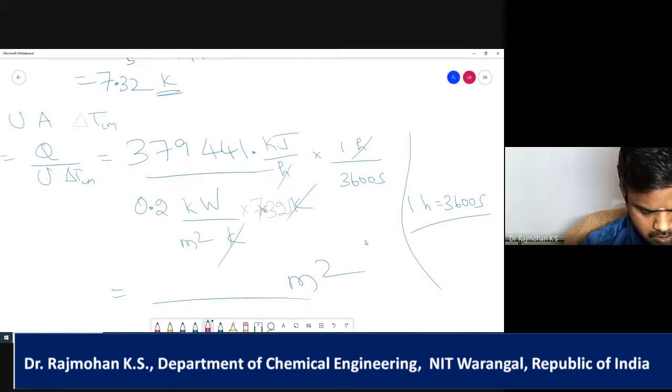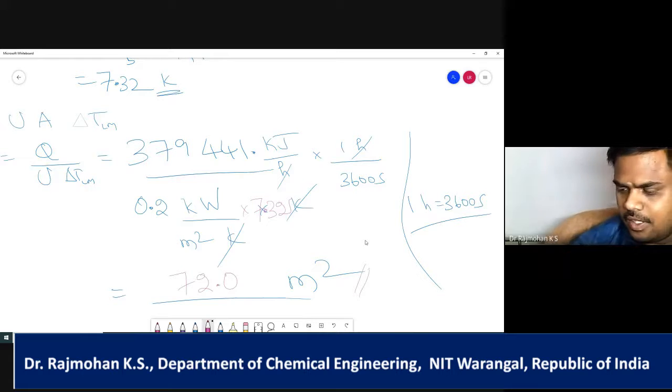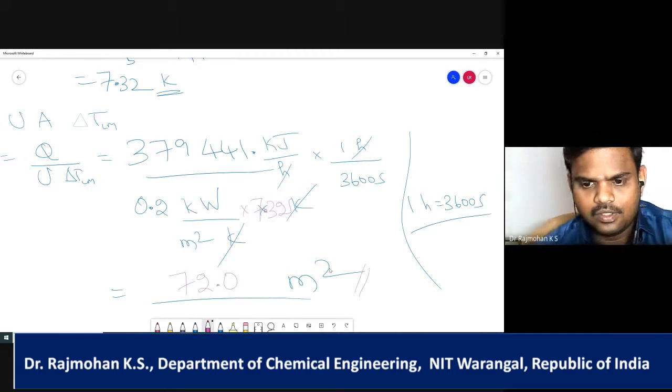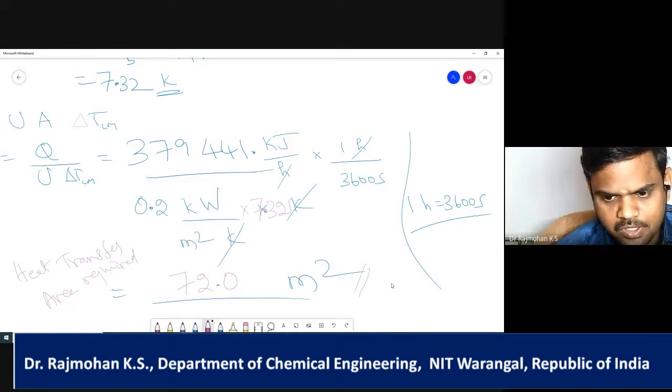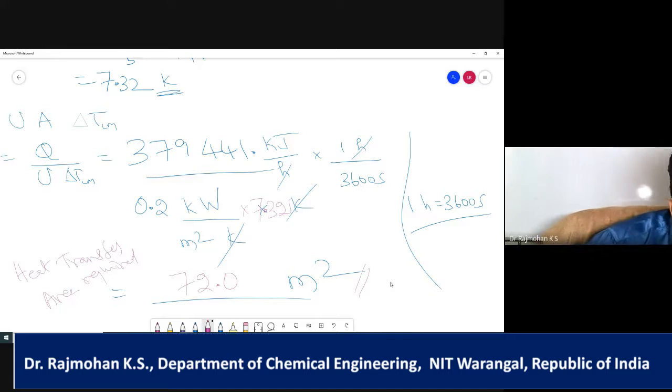Divided by 7.32 equal to around 71.99. I'm just rounding it. I'm getting around 72 meter square as the area. So the heat transfer area required is equal to this much.